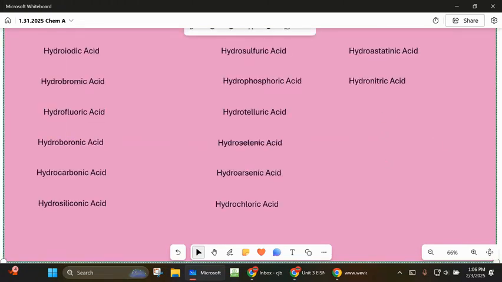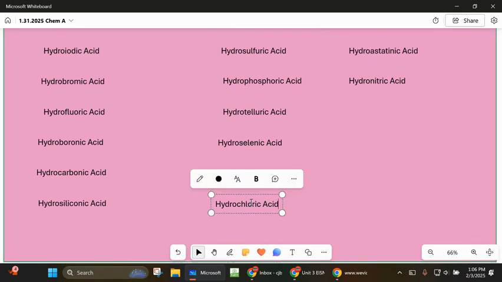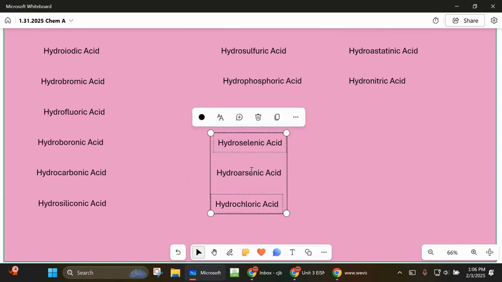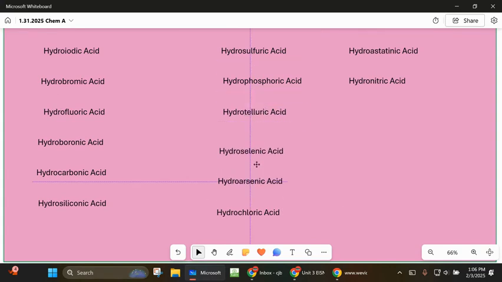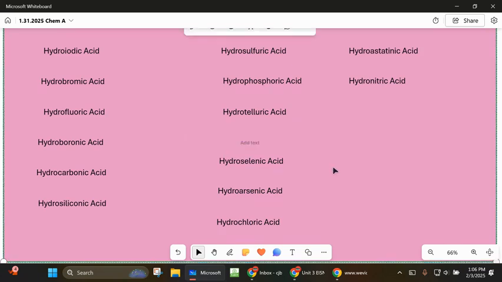Okay, there's the one I was missing. That ad text was behind there and it was making it hard to see that hydrosalinic acid.